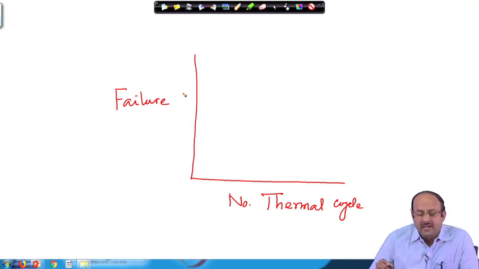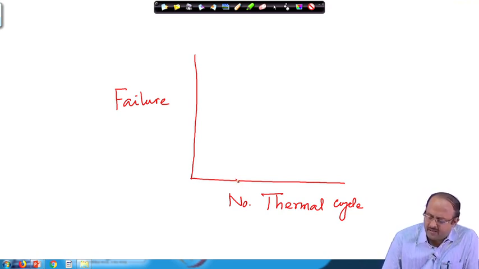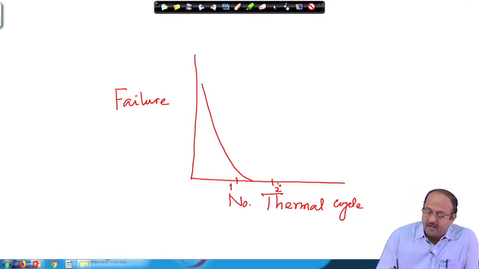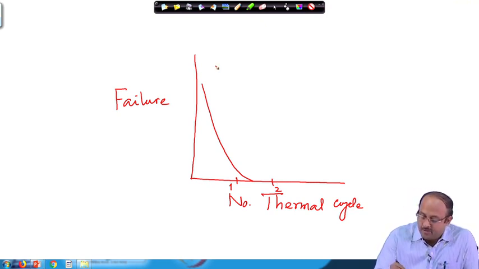If the equipment has fewer components, maybe after 1 or 2 thermal cycles the lifetime increases or the failure decreases. But if you have a very complex system, maybe we have to go for a number of cycles.